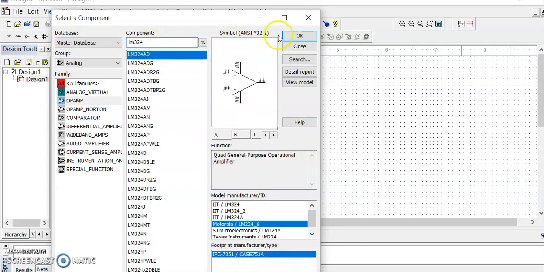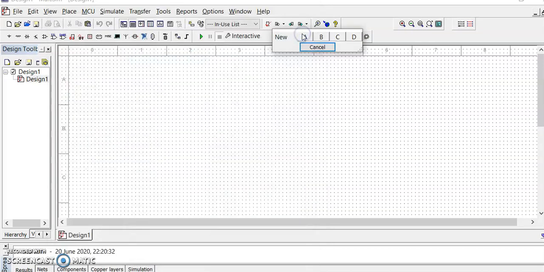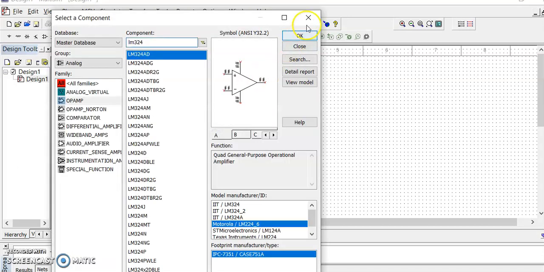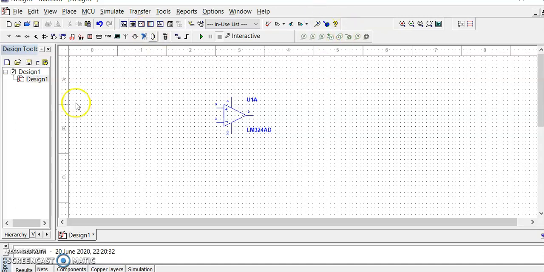It is a 14 pin IC having 4 op amps. Selecting the first op amp, A. Now pick the required components: resistors and capacitors only. We have a total of 3 plus 3, 6 resistors and 3 capacitors.